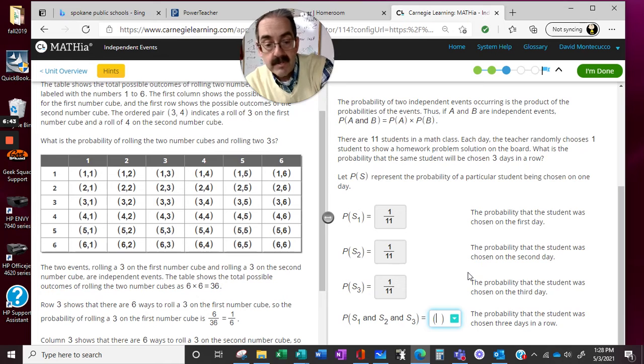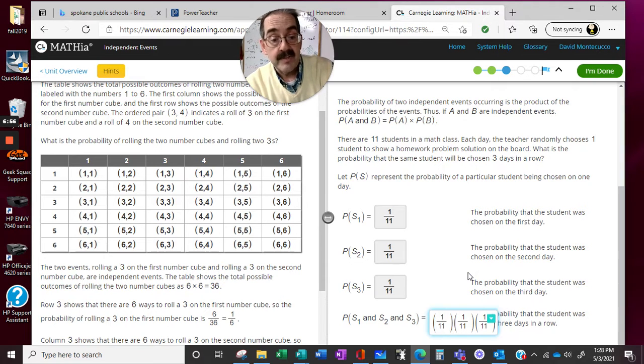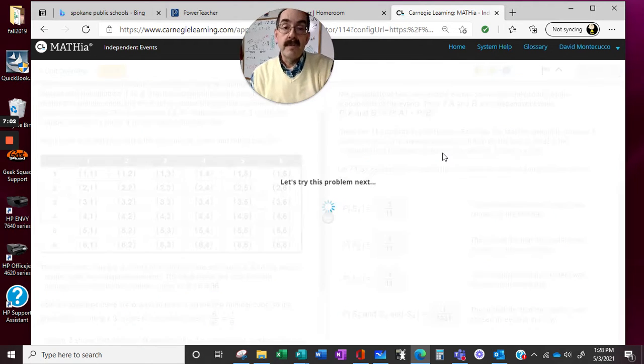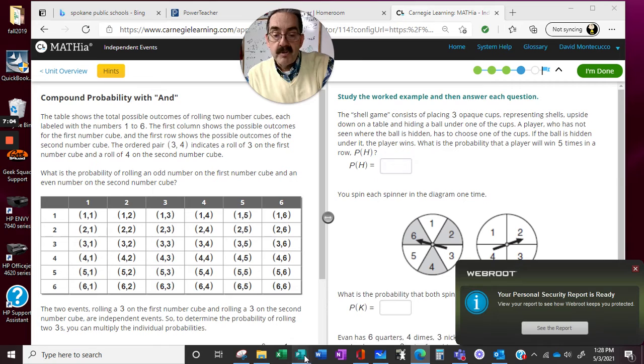So 1 out of the 11, 1 out of the 11, and 1 of the 11. It's not very likely you get the same person every time. Wow, huge number.